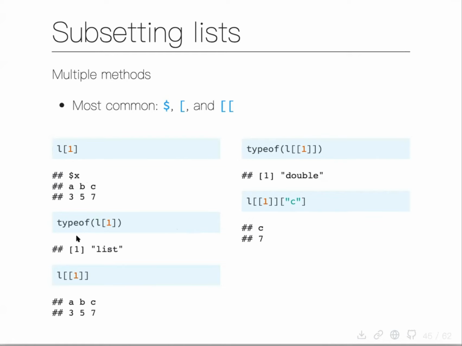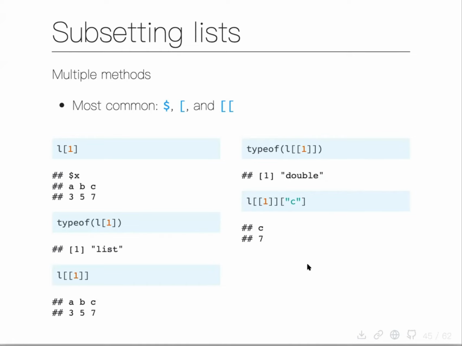You can see type of L1 is list. If instead I want the contents from that first element, then I use the double brackets. And you can see that's giving me the actual vector in return, okay? When I do this, you can see type of is double. It's not a list, okay?